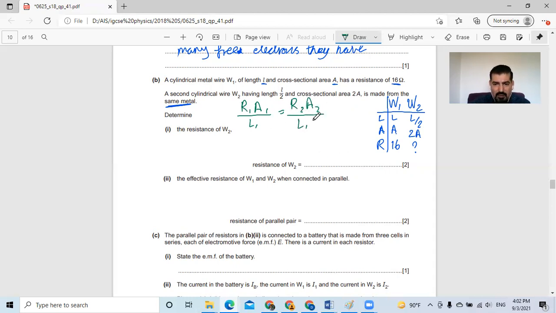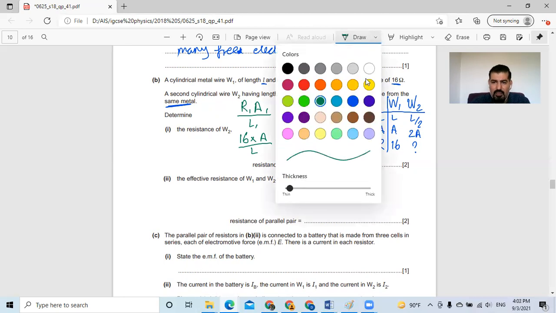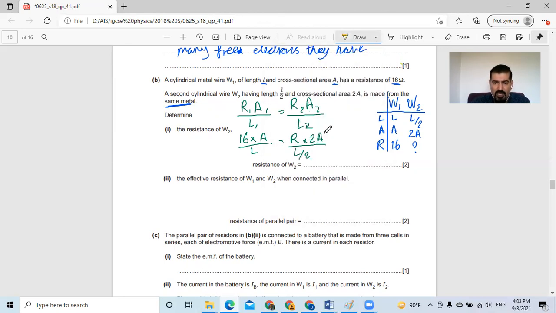R1, which is 16, times A1, which is A, divided by L1, which is L, equals R2, the unknown resistance that we want to find, multiplied by A2, which is twice A, divided by the length, which is L over 2. By doing some simple math, we can cancel A with A and L with L.